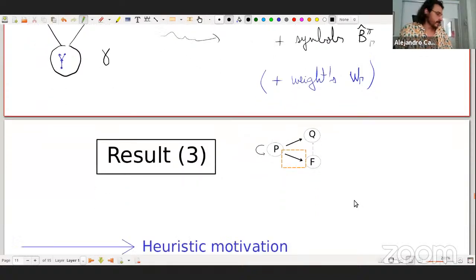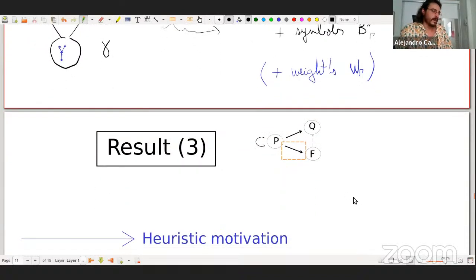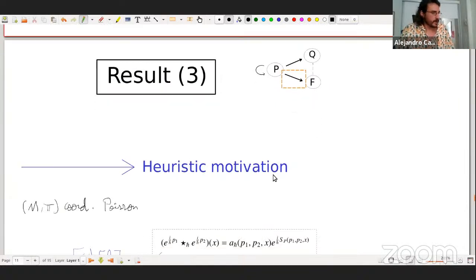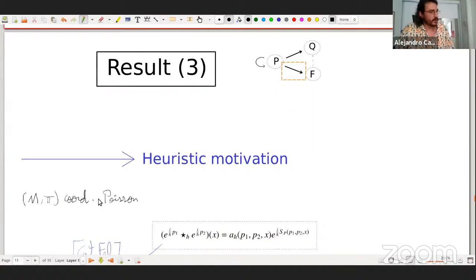So let me, okay. Again, in this part, the object of study will be a set of PDEs. So what I want to do now is to motivate where these PDEs appear, and it also helps connect with what we have done before. So let's say that we have a coordinate Poisson manifold.